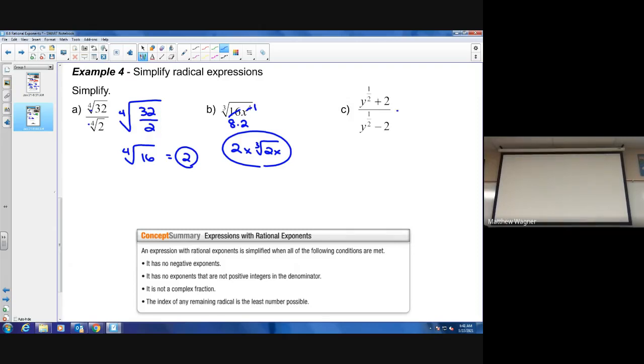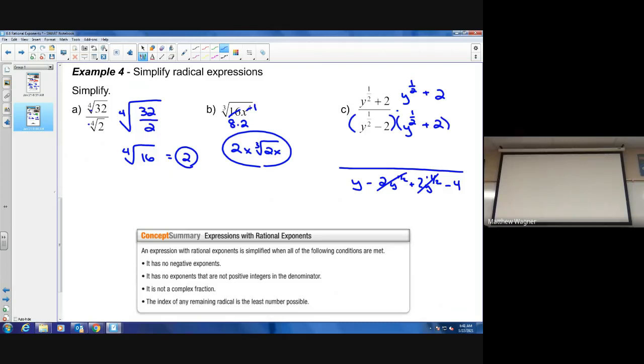And then this very last question. Even though we have that rational exponent in our denominator, we do not want it there. Very similarly to our radicals in our denominator, we want to do a very similar thing with rational exponents. So when I have that expression in my denominator, I want to make sure to multiply by the same thing, just the opposite sign, so that when I multiply out, I'm going to get y minus 2y to the 1/2 plus 2y to the 1/2, and then minus 4.